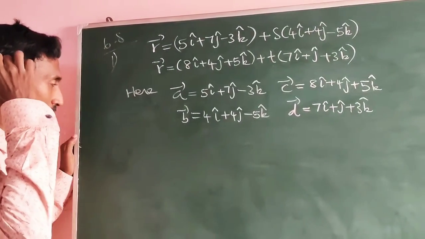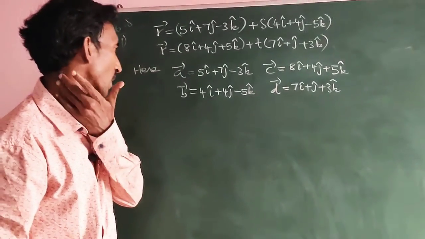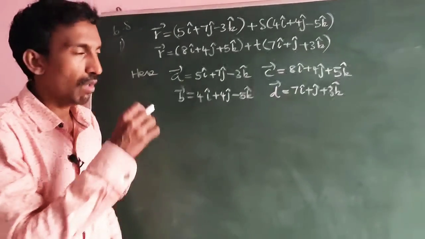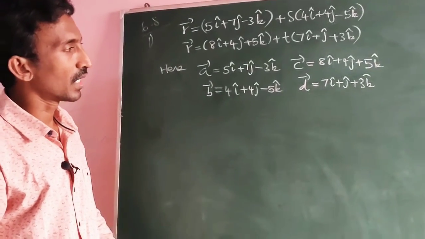Now the condition of coplanarity can be written in the vector form or the Cartesian form. So (c minus a) dot (b cross d) equal to 0.